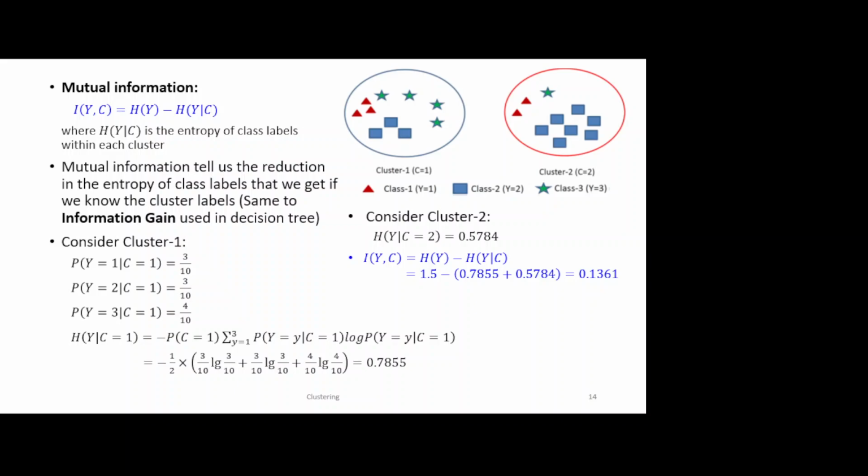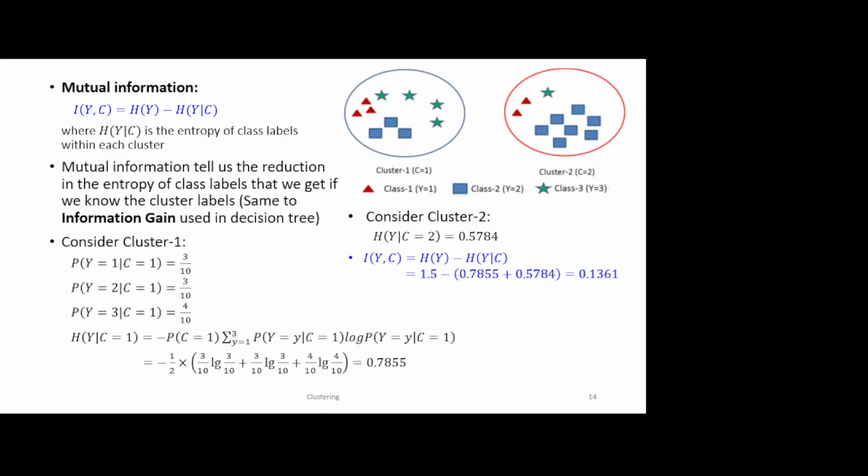So the mutual information, based on this equation, you just take the two entropies and subtract from the original entropy. Before you apply the clustering, all the data are mixed together, right? But after you apply the clustering, you divide the data into 2 clusters, so eventually the data in the clusters are more pure.